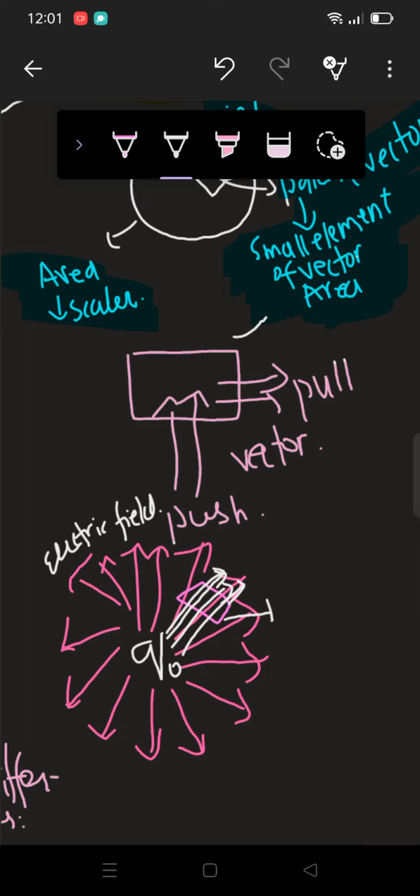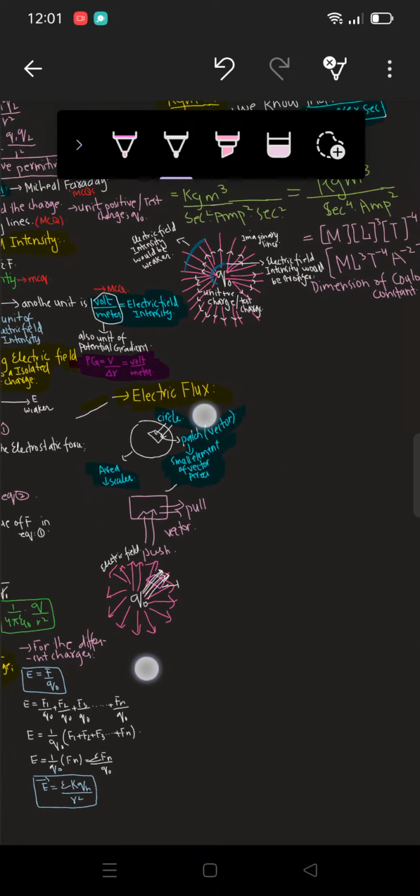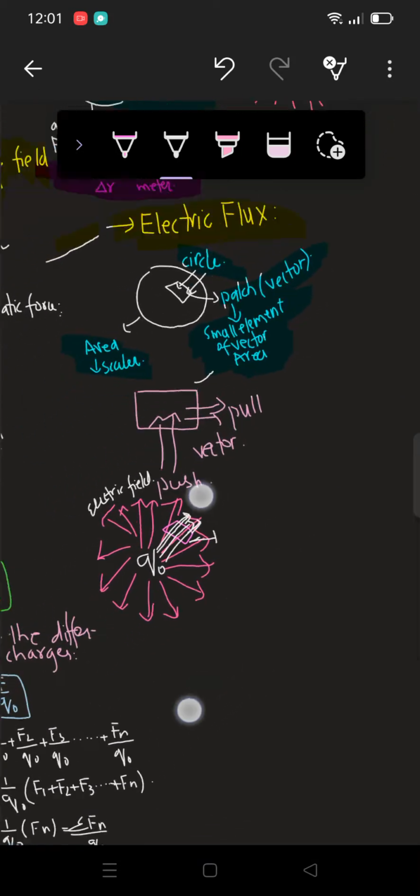When we put this vector area inside the electric field, electric field lines will be passing through this small element of vector area. The number of electric lines of force passing through this small vector element is known as electric flux. So now let me write the definition here.